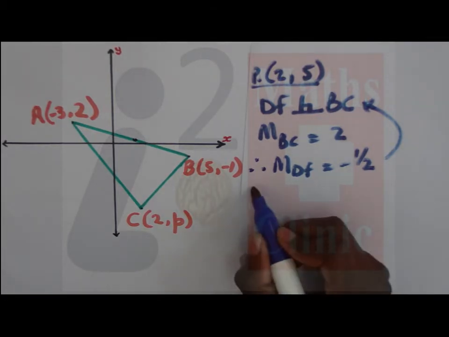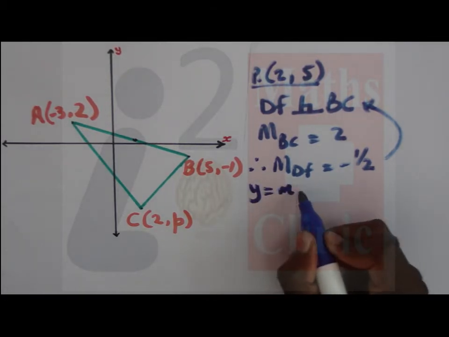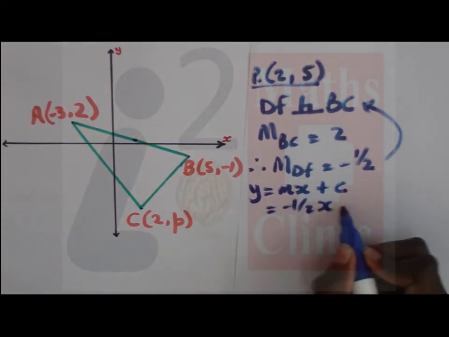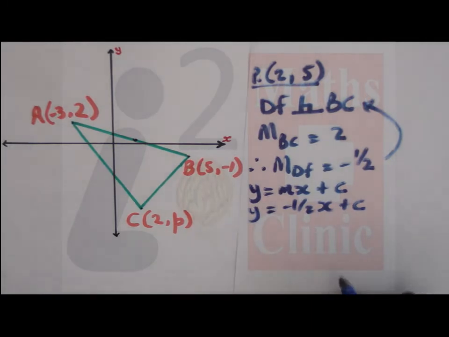Okay, fine. Now the equation is y equals mx plus c, where m is minus a half, so y equals minus a half x plus c.